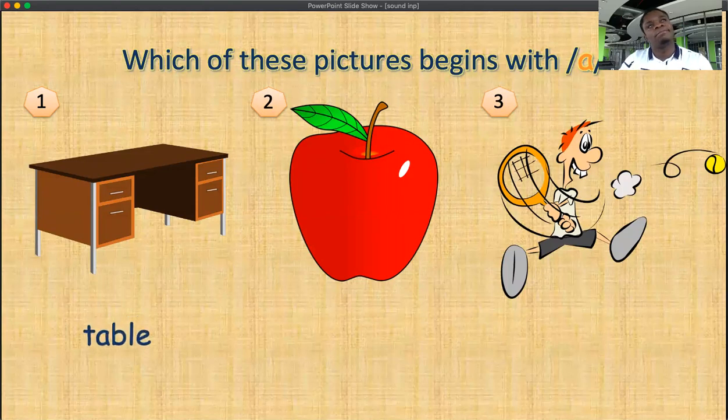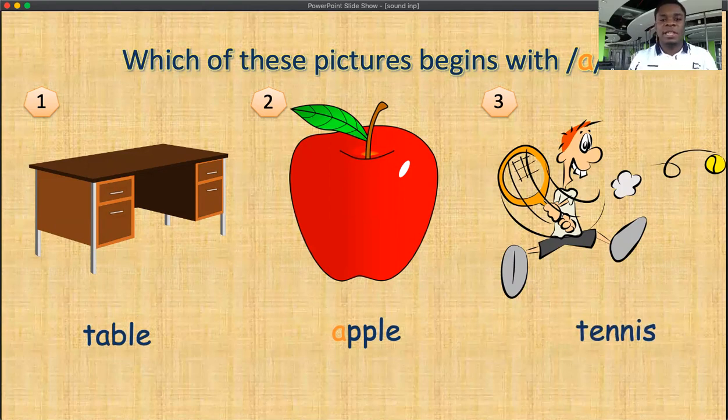Table. Does it begin with R? No. Number two, apple. Apple. And number three, tennis. Tennis. So the correct answer is number two, which is apple. Apple. Good job.